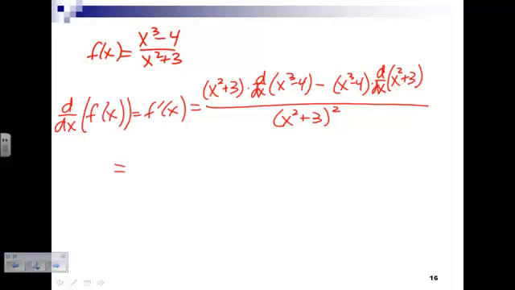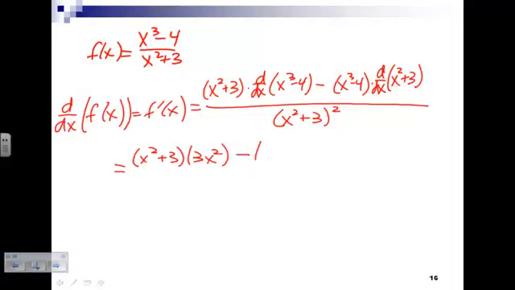Of course, we're not done yet because we have to take those two individual derivatives in order to get our final answer. What is the derivative of x cubed minus 4? 3x squared.